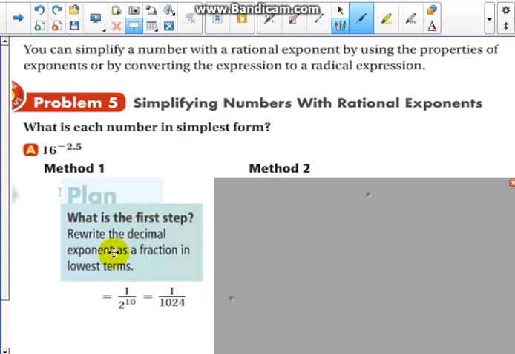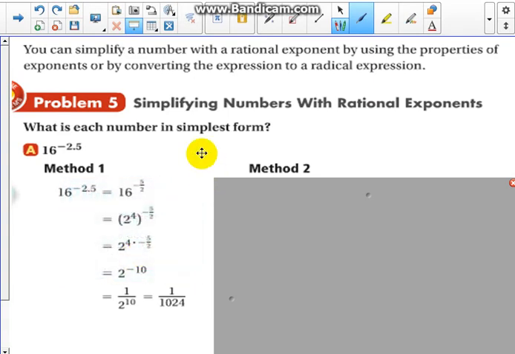And so it says, what's the first step? Rewrite your decimal exponent as a fraction in the lowest terms. So what would negative 2.5 be? Negative 5/2, right? So there's 16 to the negative 5/2 right here. And then we know that 16 is 2 to the 4th power, to the negative 5/2.